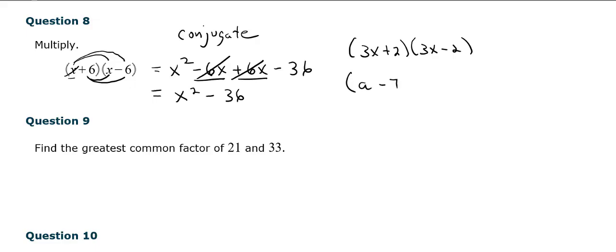A minus 7 times A plus 7. Notice that the terms are essentially the same. They're just separated by opposite signs. Again, A and A, 7 and 7, minus and plus.